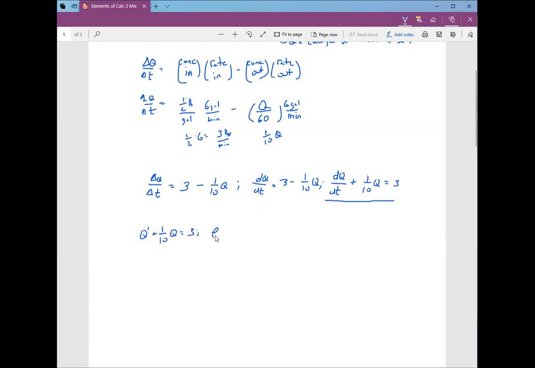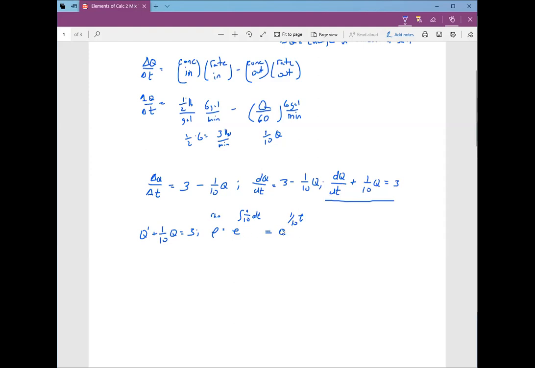Now my integrating factor, remember that's rho, is equal to e to the integral of whatever's before the Q. And if there's t's in here, then so be it. But since there isn't, this is 1/10 dt, and that is equal to e to the 1/10 t.